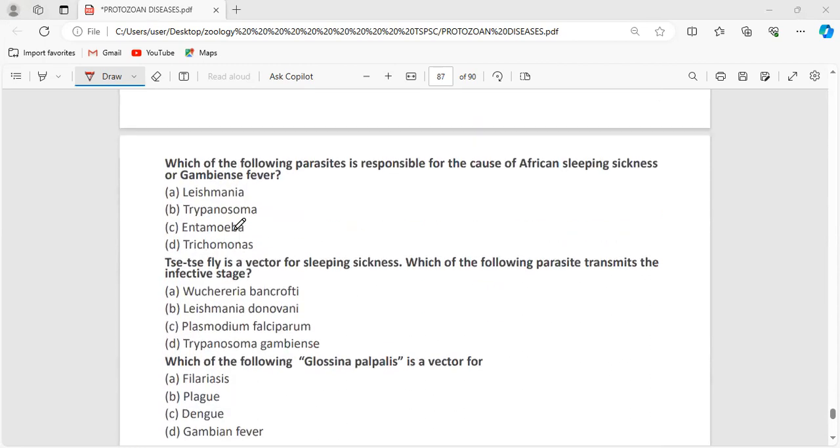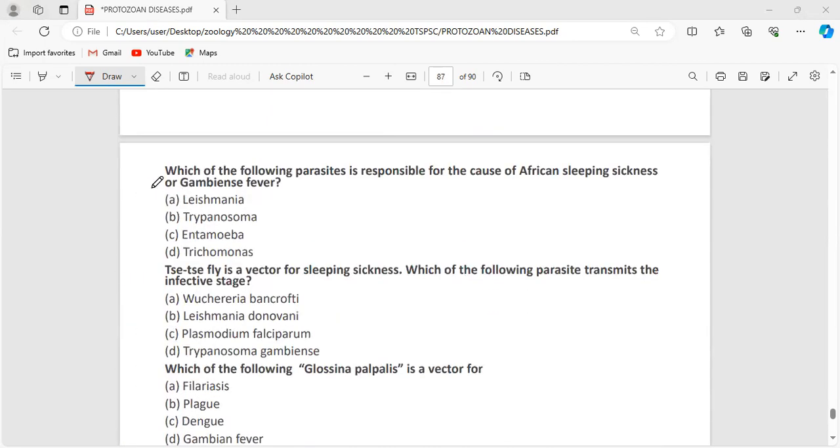Then answer this question. Which one of the following parasites is responsible for African sleeping sickness or Gambian fever? Okay, I'll explain slowly. Of course, Trypanosoma species.